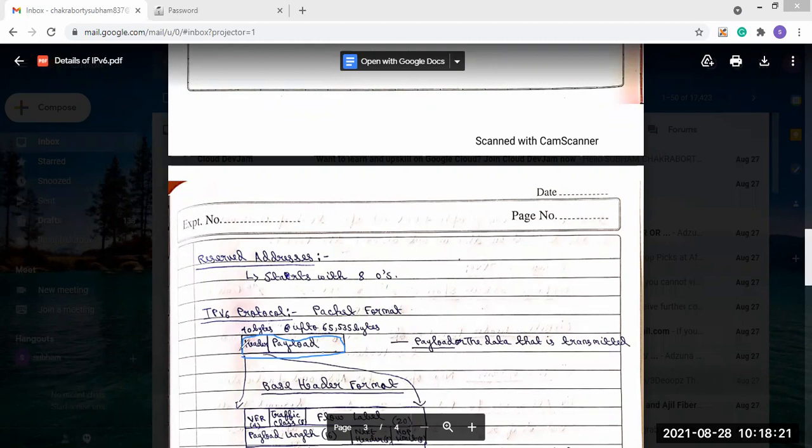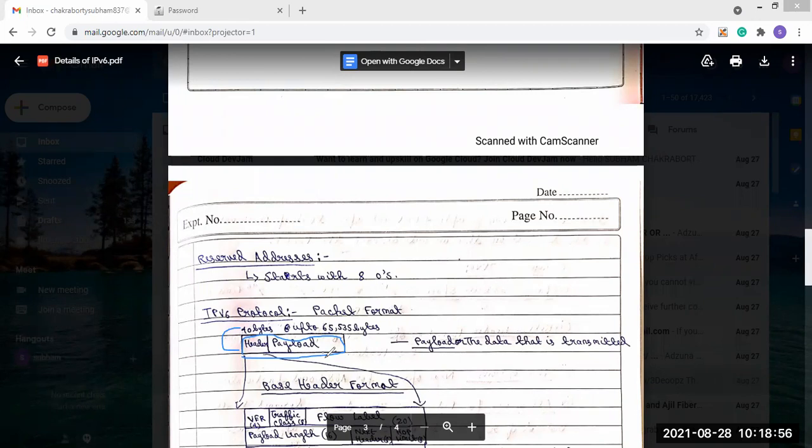Now the header contains 40 bytes. Sorry, not bits. The header contains 40 bytes. And what is the payload? Payload means the data that is to be transmitted. The payload length can be up to 65,535 bytes.